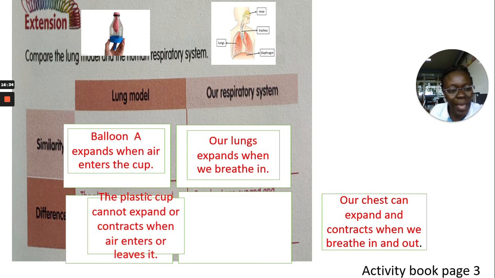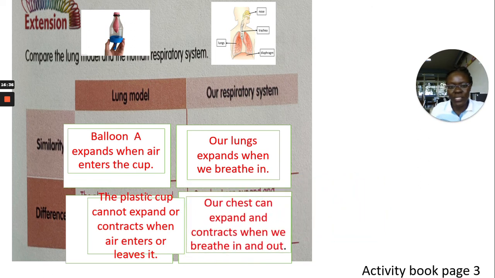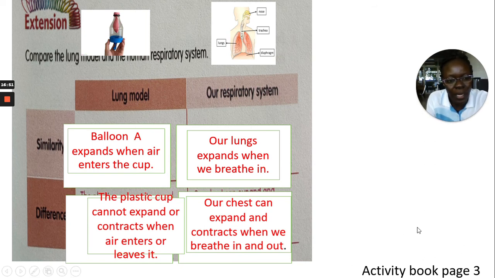But for your lungs, when you breathe in, your chest expands, okay? When you breathe out, so it expands and contracts, expands and contracts. When you breathe in and out, your chest expands and contracts, okay? So that will be in activity book page 3.